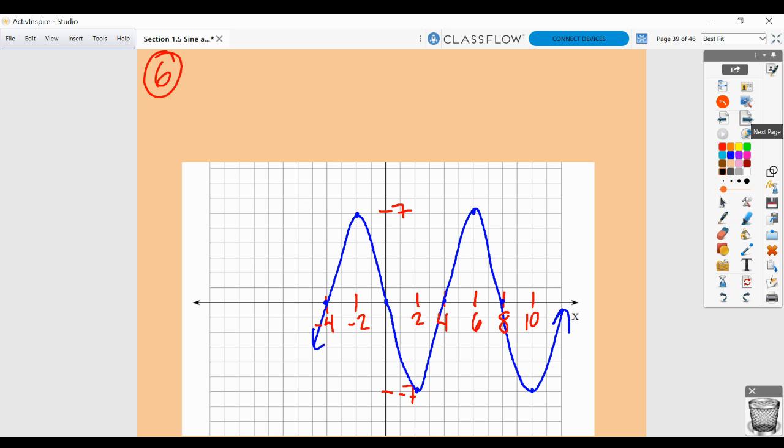Okay, last one. Start at the y-axis. Go until it repeats. This looks like it's the sine function, but it's upside down, so that means it's reflected.